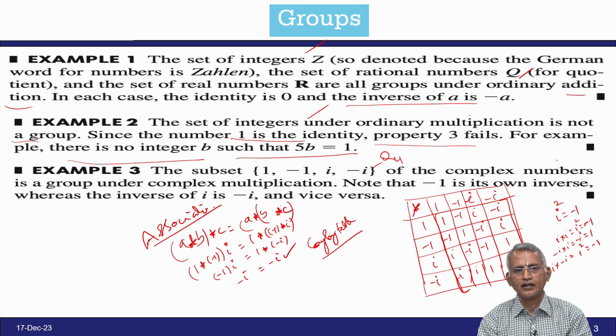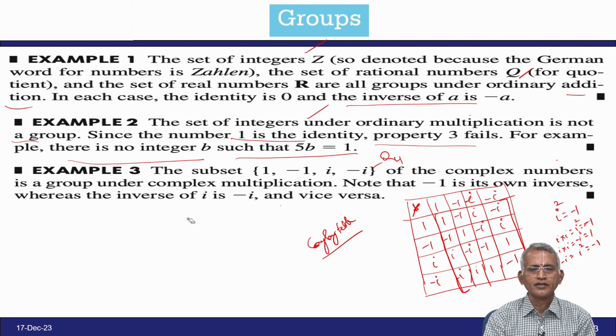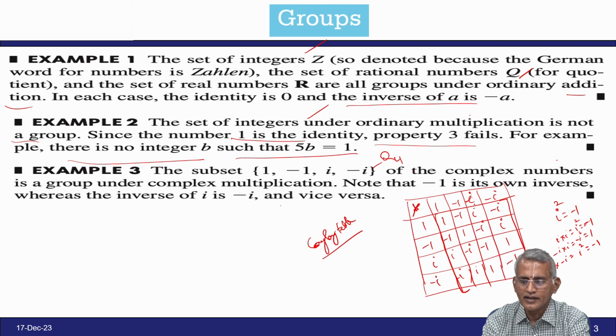So, it is obviously closed, and followed by that it satisfies the associative property. Next one is existence of identity. You see in the row as well as column, if you multiply that element and the resultant is 1, then that is the identity.